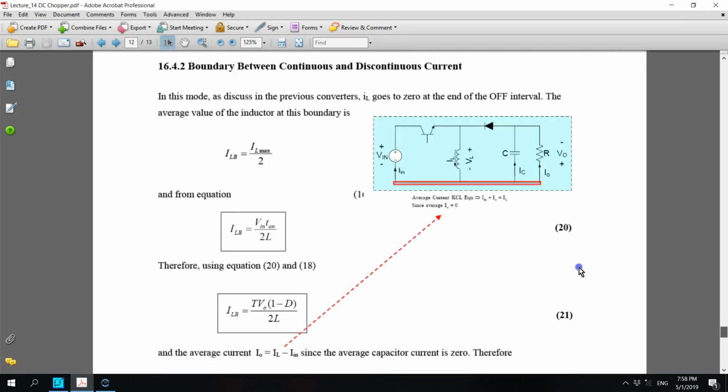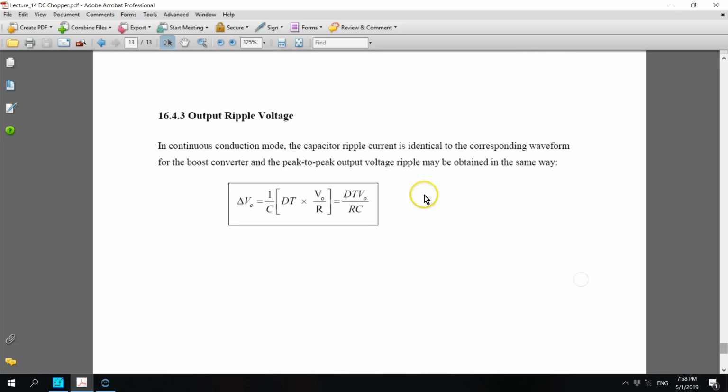So that will be the last subtopic for the DCDC converter. So very similar. We have D, the duty ratio, multiplied by the period T, multiplied by V0 divided by RC.